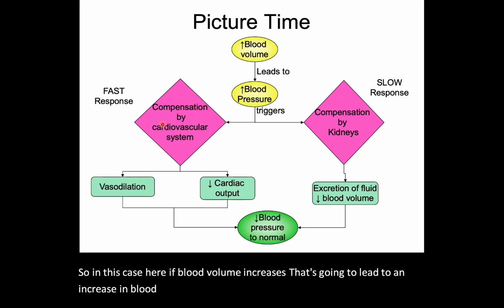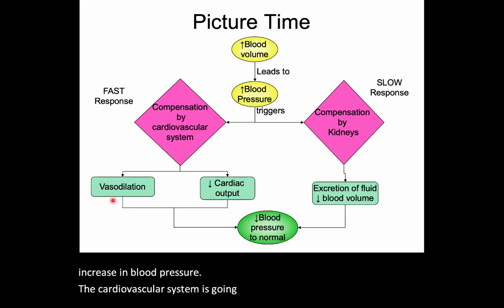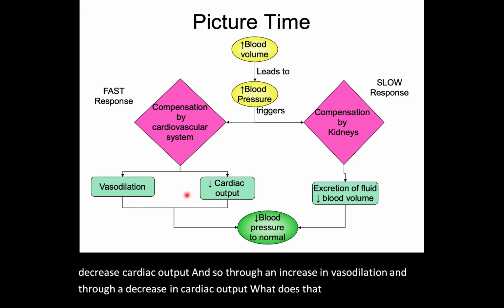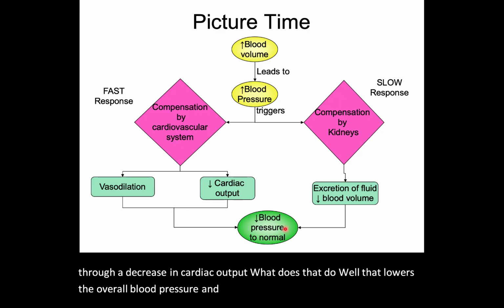The cardiovascular system is going to initiate vasodilation. It may also try to decrease cardiac output. So through an increase in vasodilation and a decrease in cardiac output, what does that do? Well, that lowers the overall blood pressure. And so your blood pressure drops back down to normal.